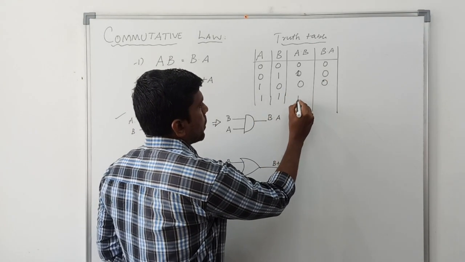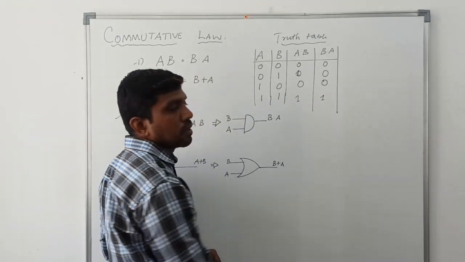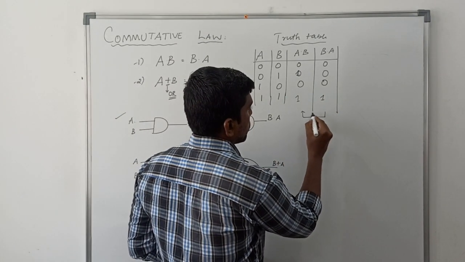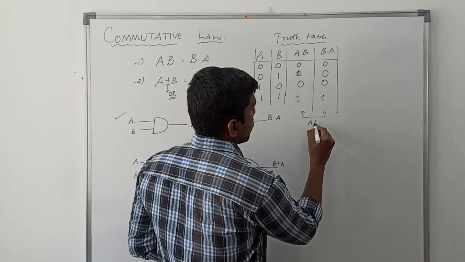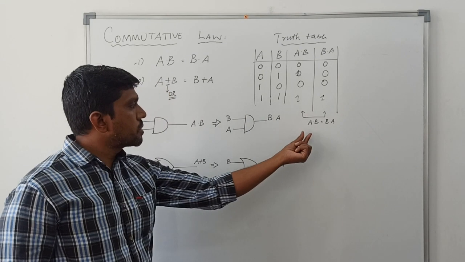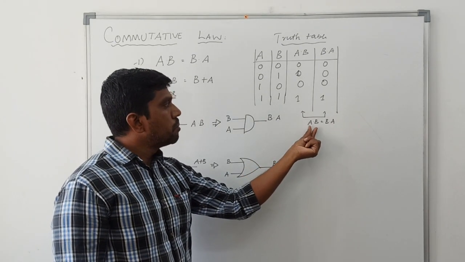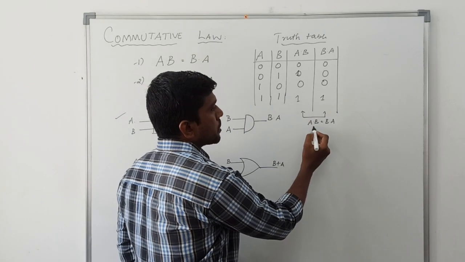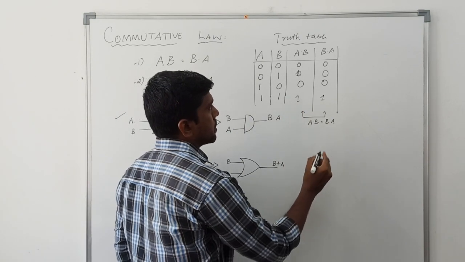And 1 dot 1 is 1, so here 1. There is no change in this output. So A dot B equal to B dot A. Only the sequence of the input variables is changed, but it does not affect the result. Both give the same result.